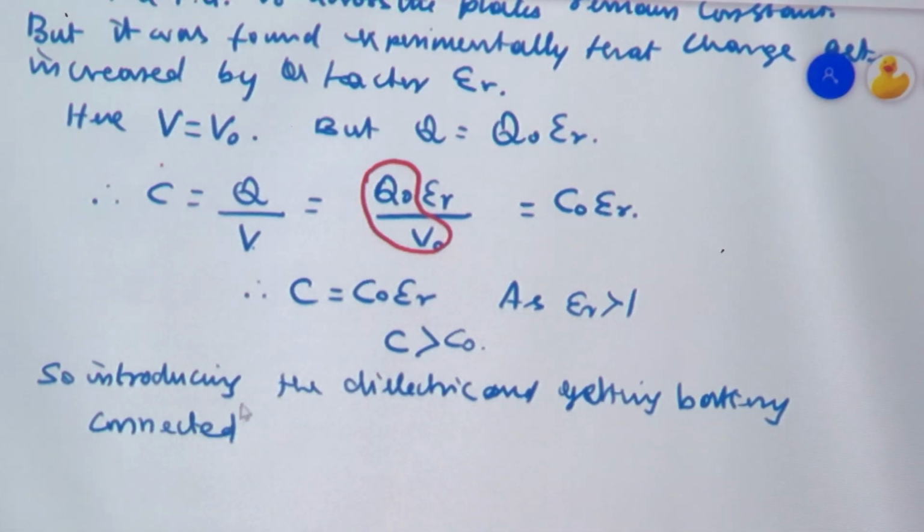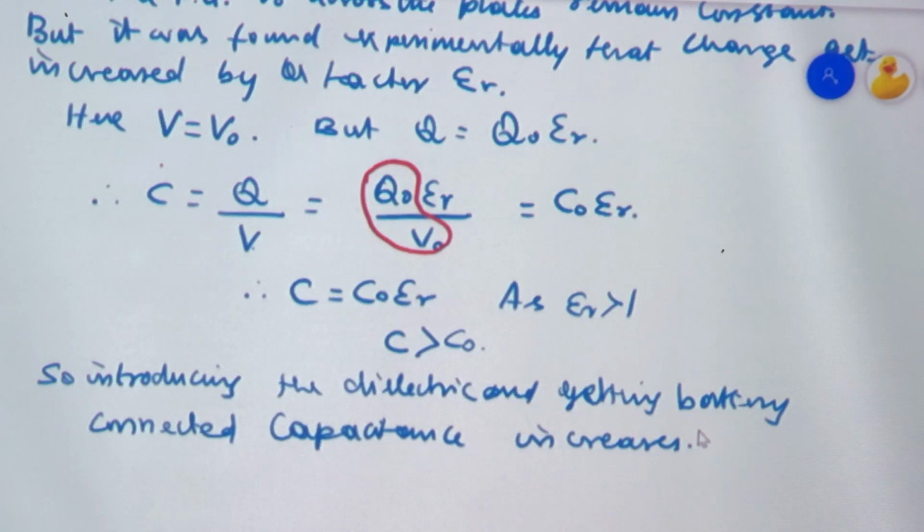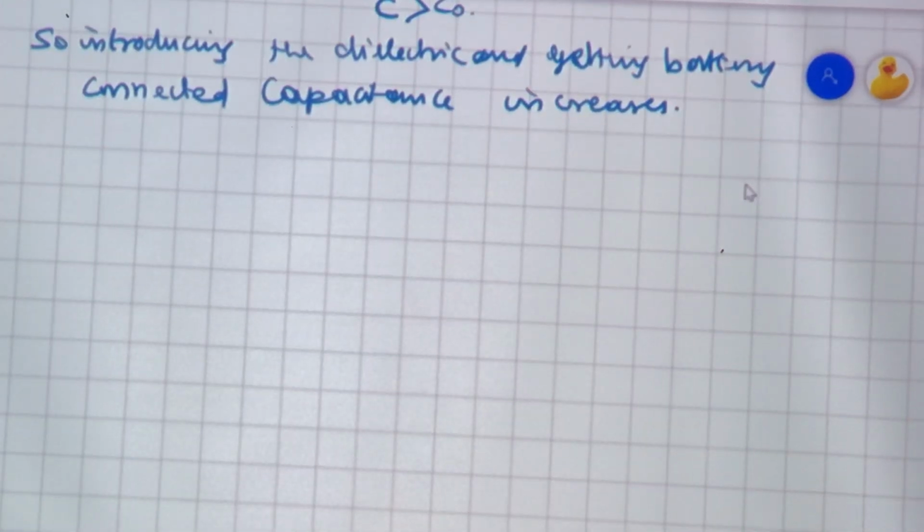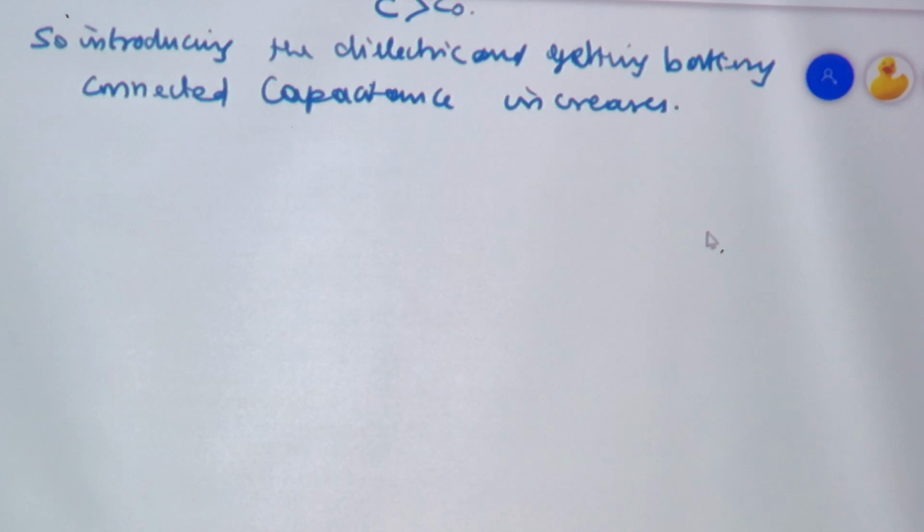We can say the capacitance of the capacitor increases. So whether the battery is connected or disconnected, after introducing the dielectric, the capacitance gets increased. Okay, what happens to energy is what we need. The capacitance increases, and we can write the expression.